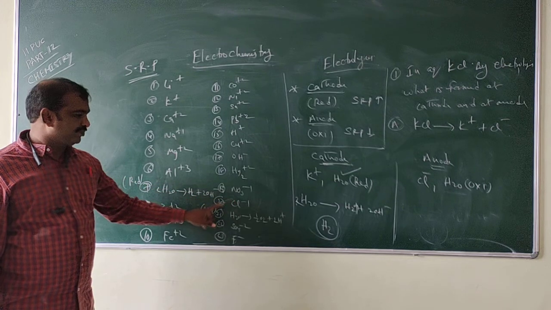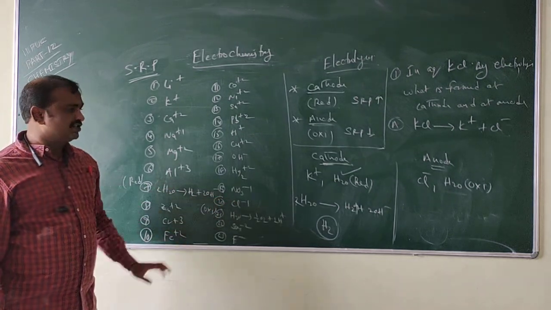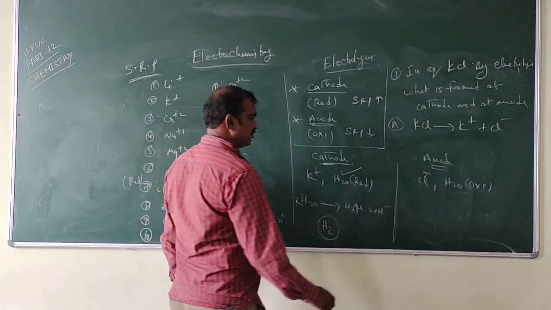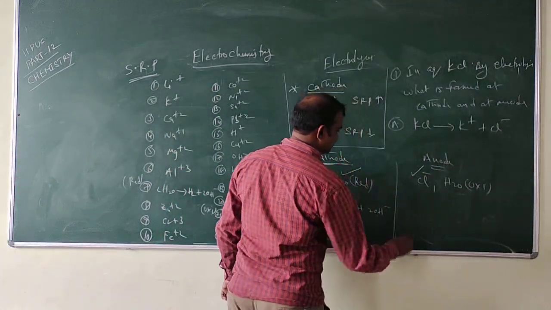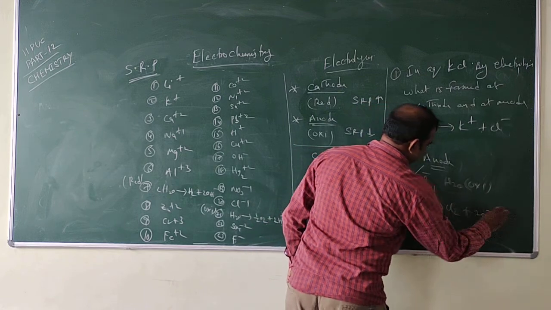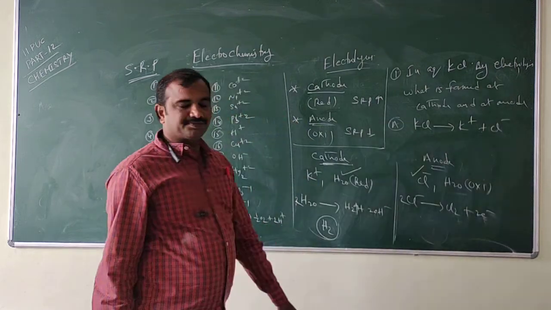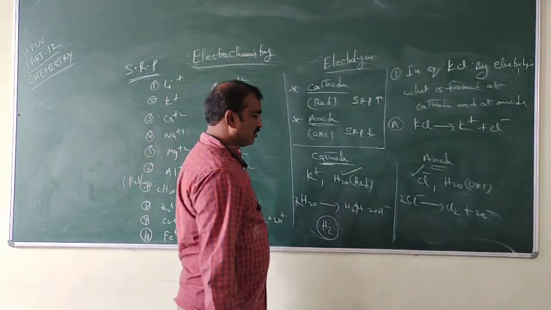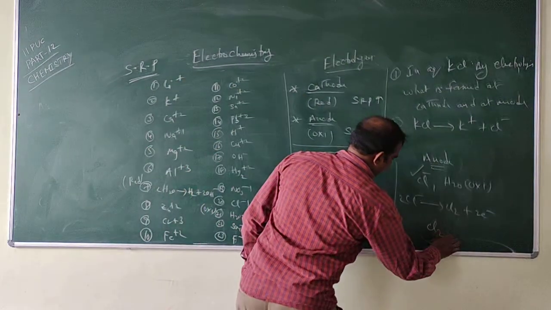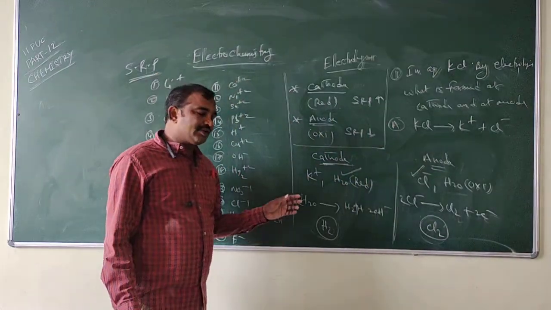Cl minus. Why? Because it is 20 and the other is 21. Cl minus converts to Cl2 plus 2 electrons. To balance this, we put Cl2. So Cl2 is formed.